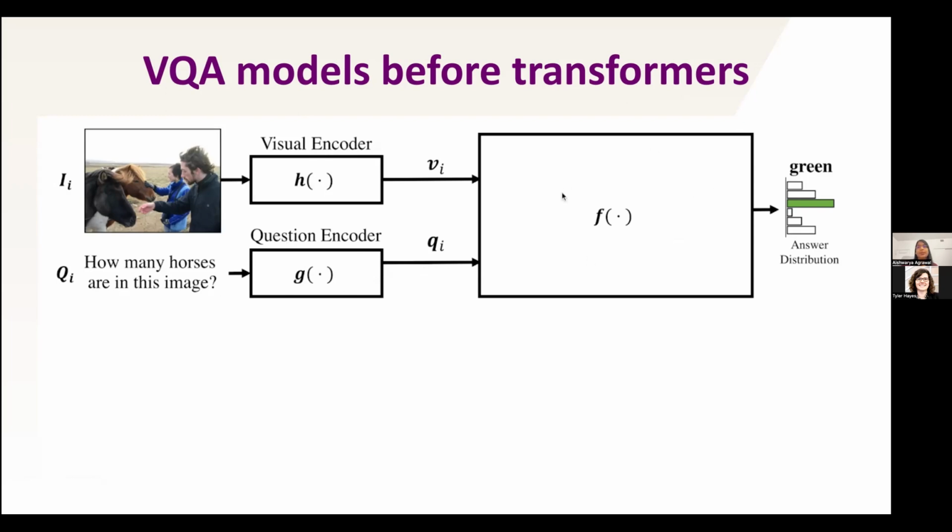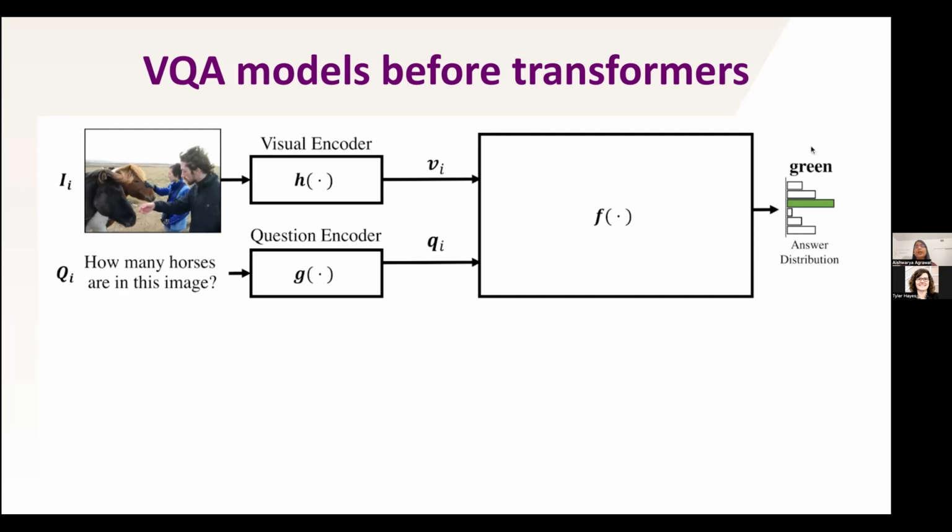Then there would be a third component, which would combine the visual features with the language features. This could be as simple as point-wise multiplication between the vision and language vectors, or it could be an attention-based module as well. So we were doing cross-modal attention even before transformers came out.